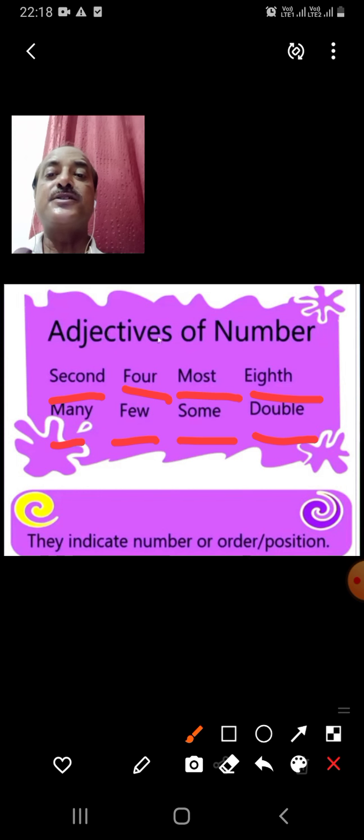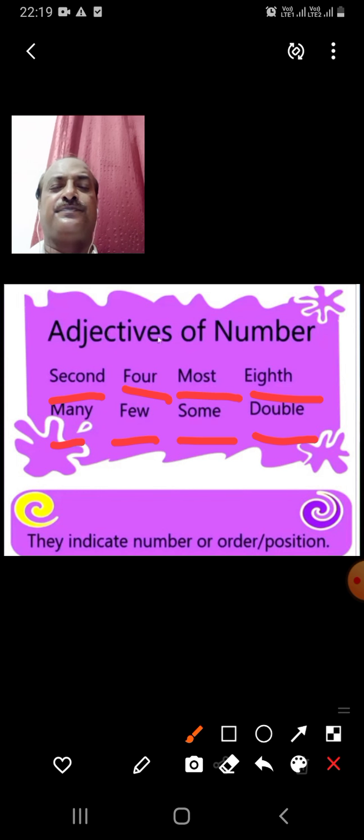Single means 1, double means 2, triple means 3. Sometimes you say, I want a double omelette. That means you want an omelette of 2 eggs. So we say double. A dozen bananas. How many? Dozen. Dozen means 12. So they are all adjectives of number.